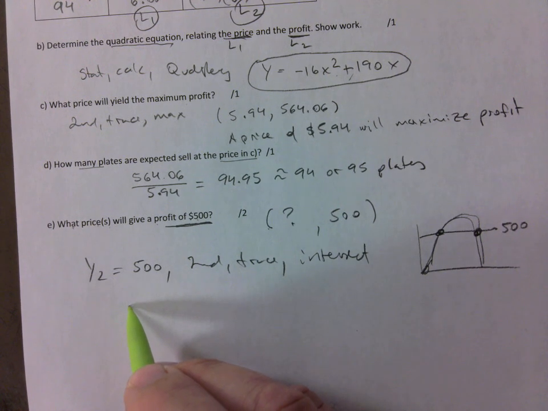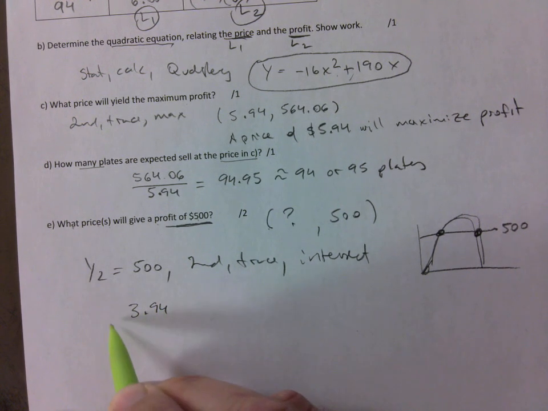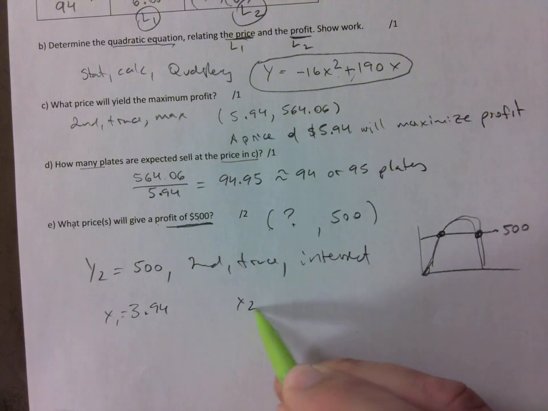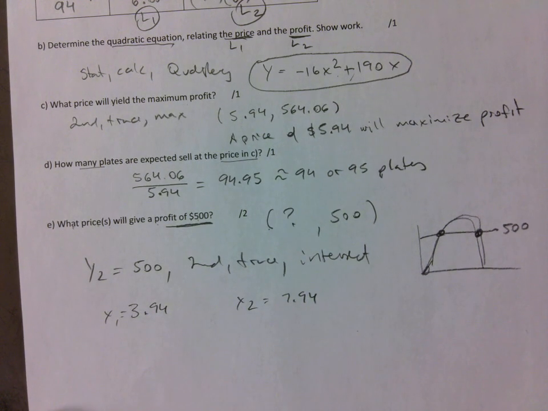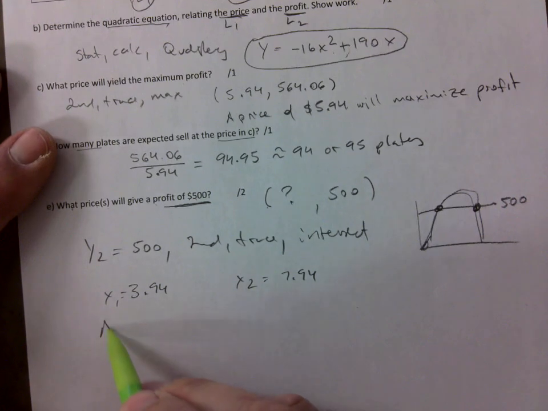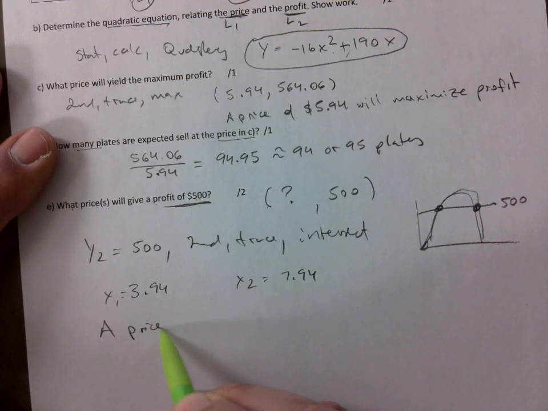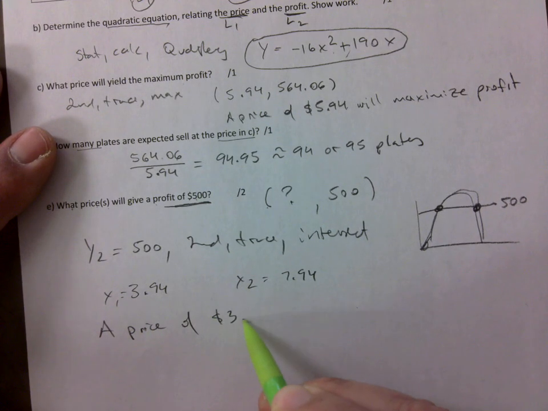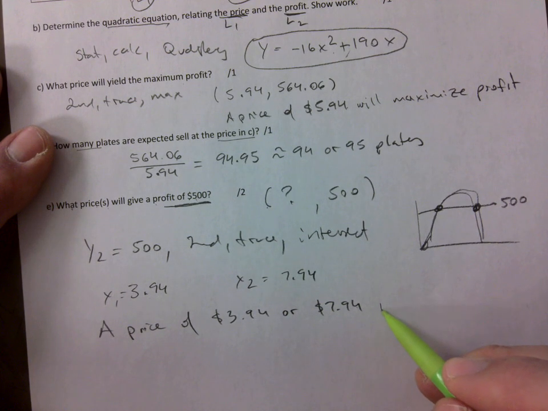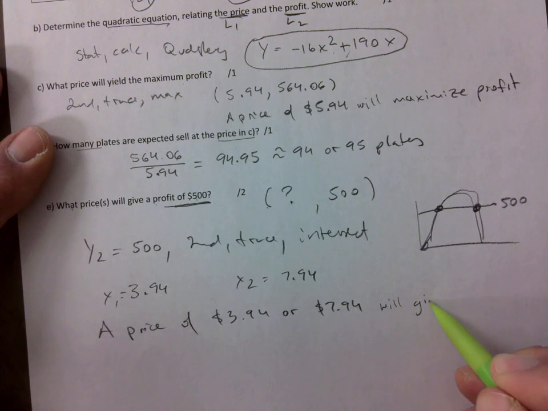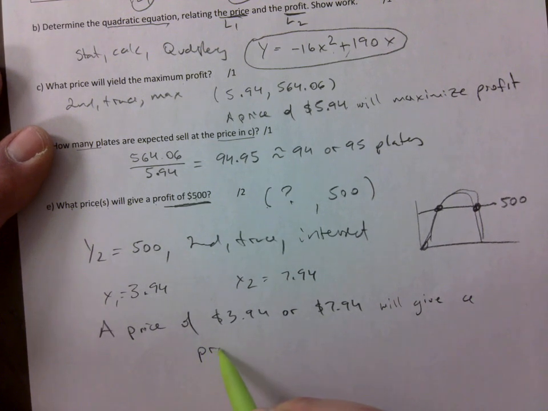So the first one is 3.94, x1. X2 is 7.94. Okay? So a price of $3.94 or $7.94 will give a profit of $500. Okay?